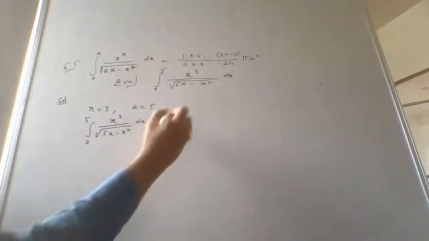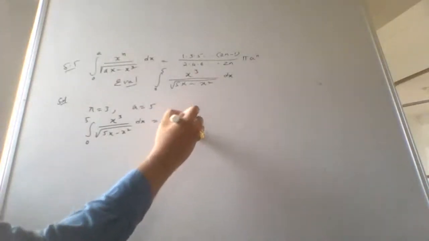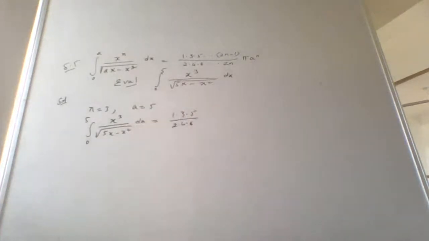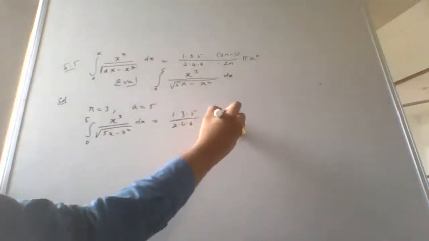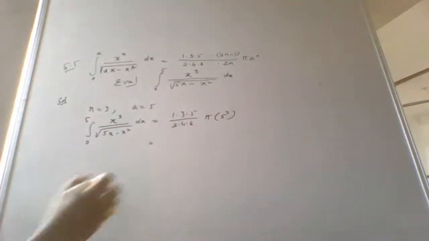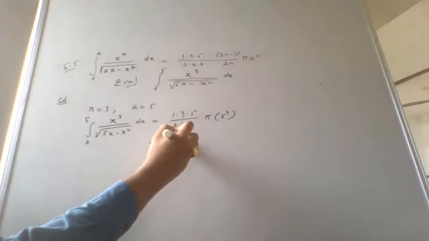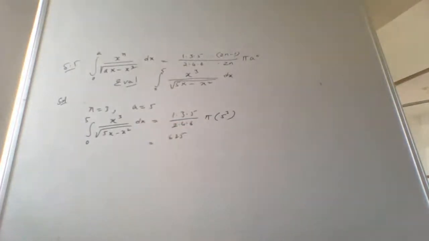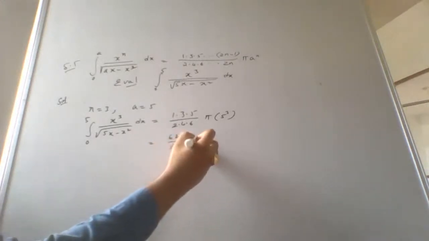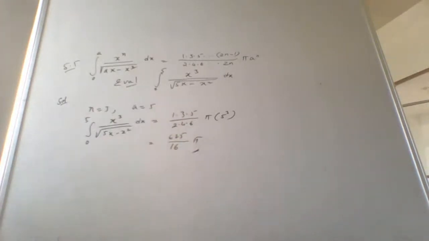If I substitute that here, 1 into 3 into 5 divided by 2 into 4 into 6 results in pi into 5 cube. If you simplify, 5 cube is 125, and into 5 again you have 625, and in the denominator you will have 16, into pi. So this will be the solution.